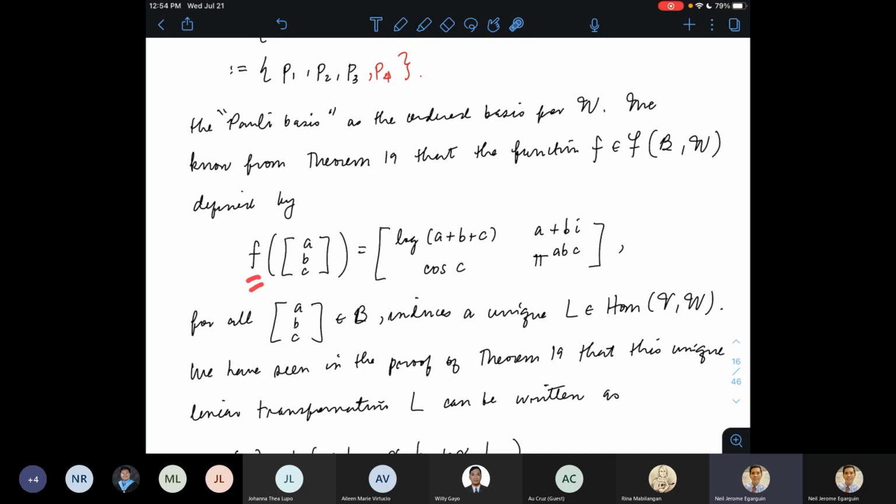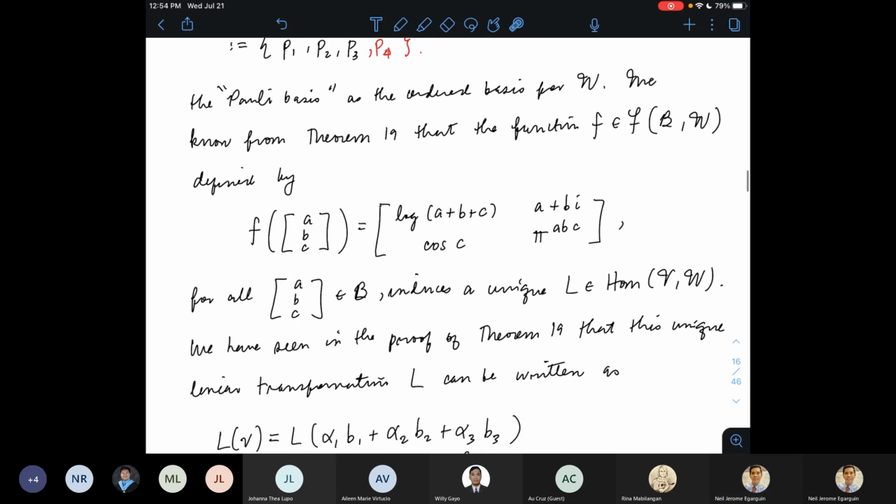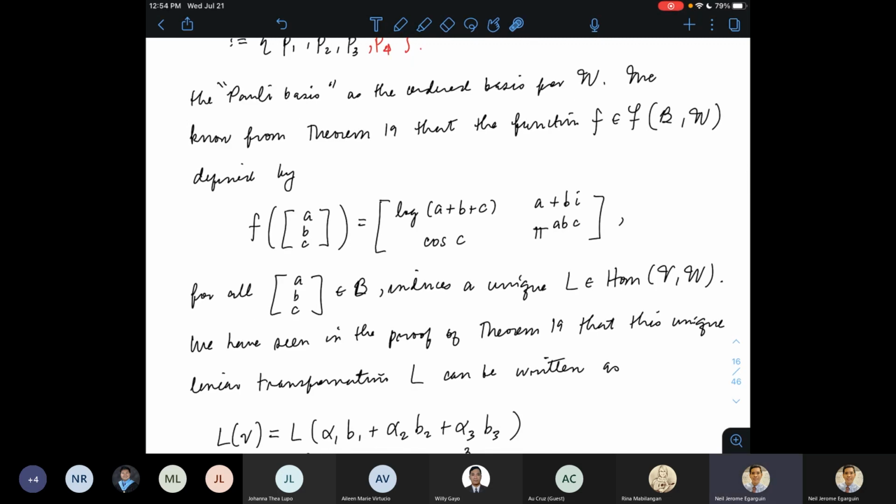Suppose that function is this: log of a plus b plus c, cosine c, a plus bi, and pi to the abc. That's how the function f acts on the basis elements, all right? And that is sufficient to build up a linear transformation. I don't need to know how f will act on all elements of the vector space, right?